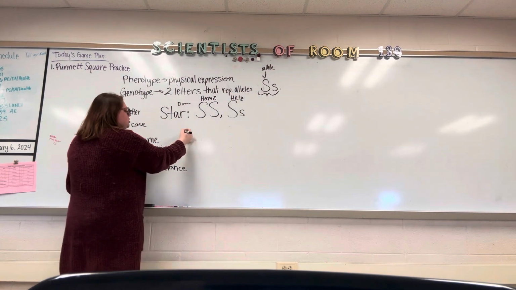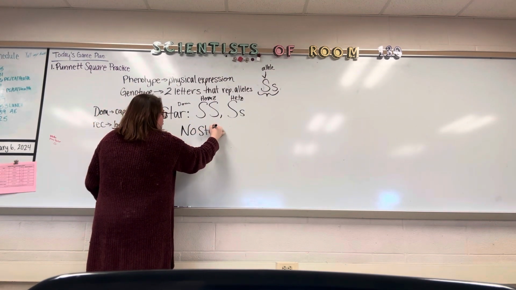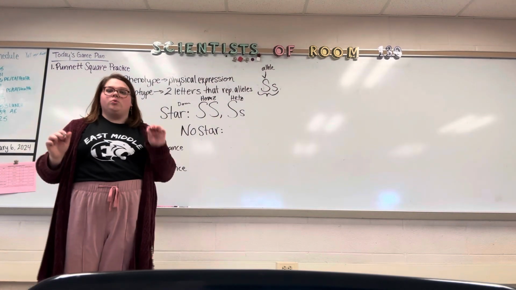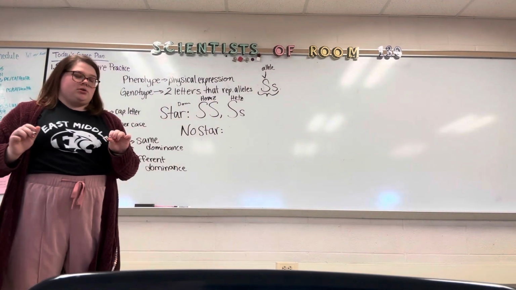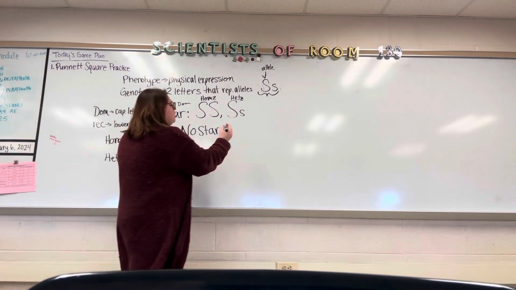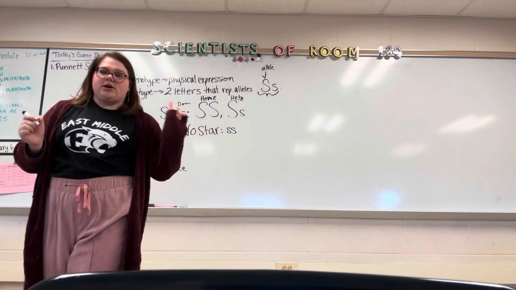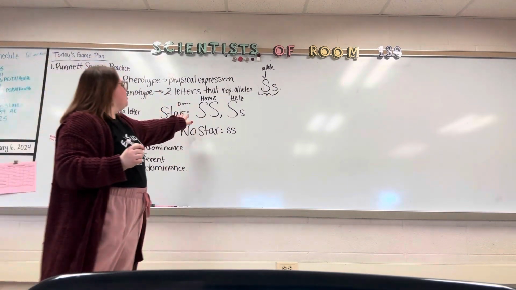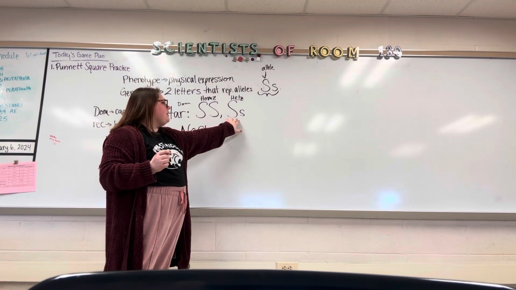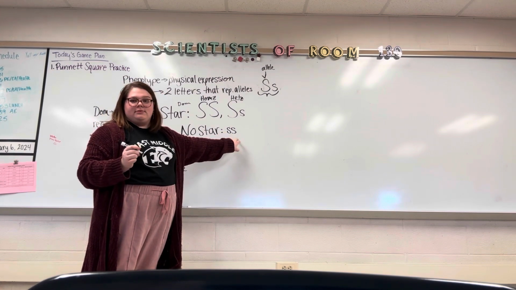Then for no star, all recessive traits are only going to have a homozygous option. And because it's recessive, we're going to have 2 lowercase letters. Okay, so that is your answer for question number 1. For having a star, we have capital S, and capital S, lowercase s, and for no star, we have lowercase, lowercase.